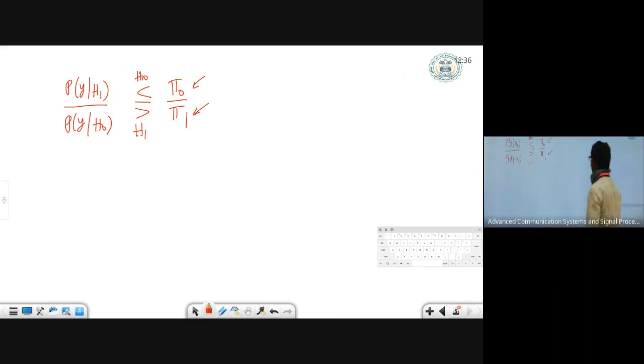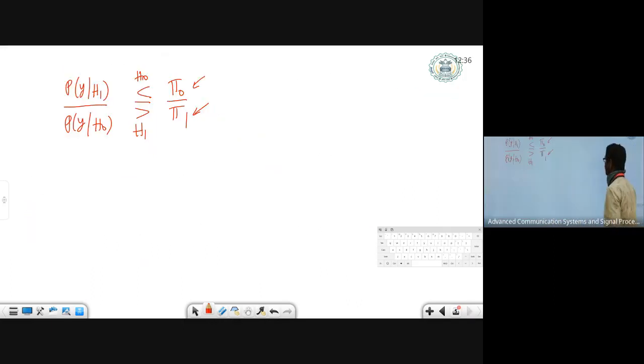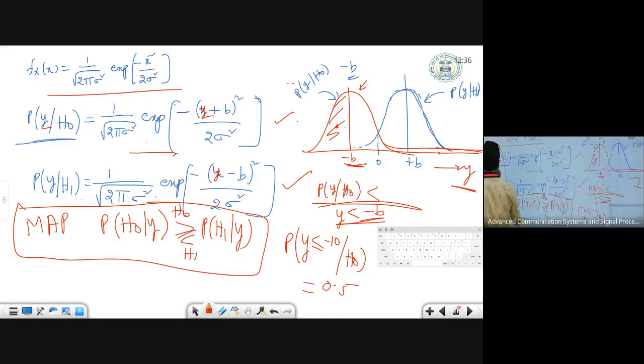Okay, now I would like to substitute these two equations over here, this equation and this equation, into this equation. So let me try to write it over here. Here 1 upon root 2 pi sigma square will be the same for both cases. If you follow the previous equation, I would like to place this in the numerator and this in the denominator. So these two will get cancelled. I hope you people are following.